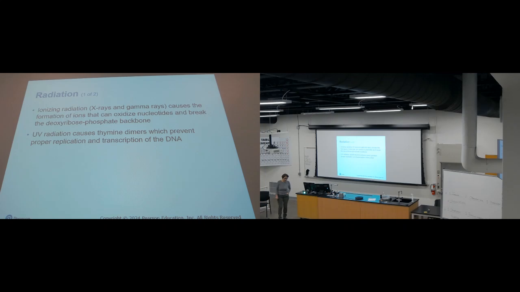Now, a physical mutagen: radiation. So we have ionizing radiation, in which there are two types that are commonly used as physical agents for producing mutagenesis. We have X-rays and gamma rays.